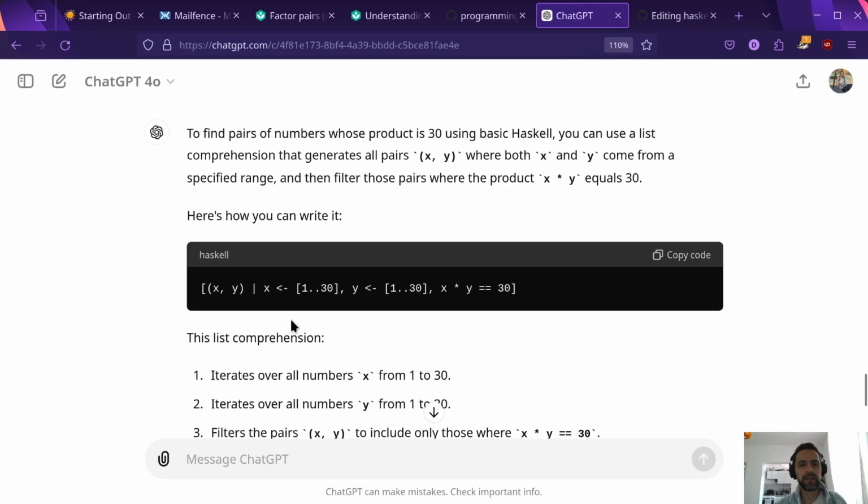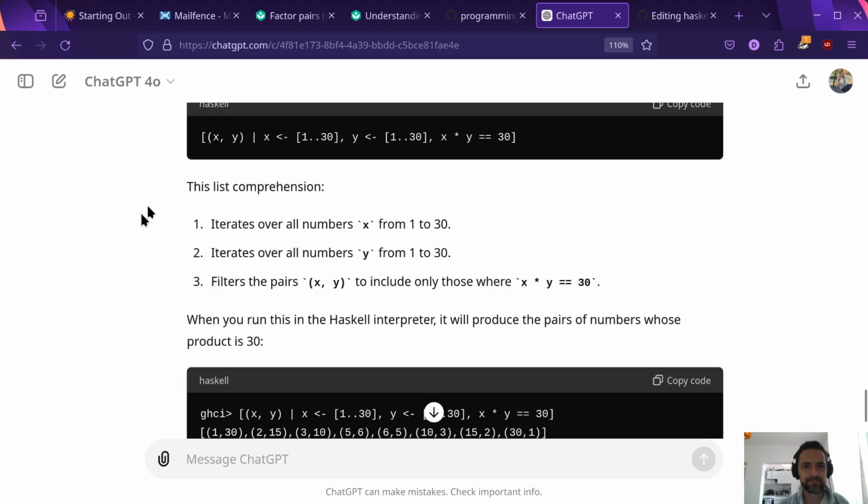So to find pairs of numbers whose product is 30 using basic Haskell, you can use a list comprehension that generates all pairs. Now we have a tuple. So for factor pairs, maybe we are better off starting with tuples, where both x and y come from a specified range, and then filter those pairs where the product x times y equals 30. Here's how you can write it. x, y.